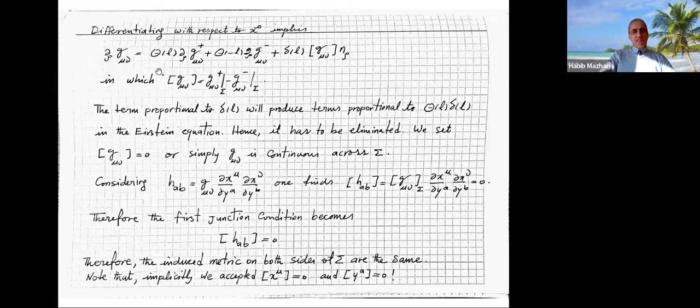And now we see the derivative of g_μν brings a delta distribution.